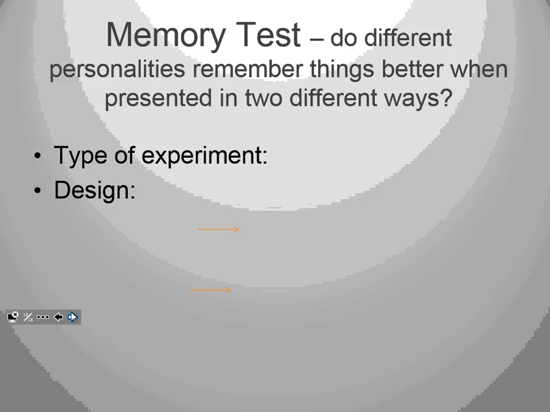So I'm going to try to figure out, based on your personality, whether you are more talkative or less talkative, and whether you can remember things that you see better, whether words or pictures. So that's going to be kind of our judge.